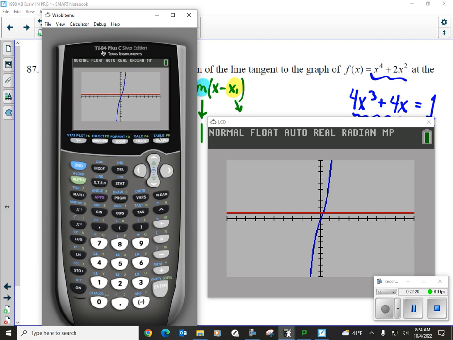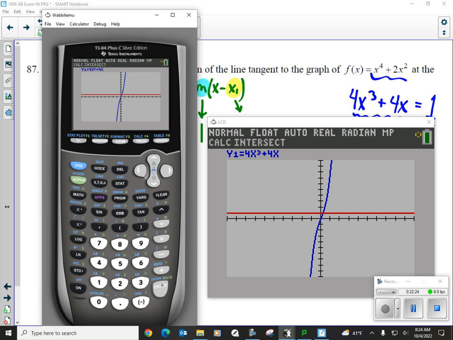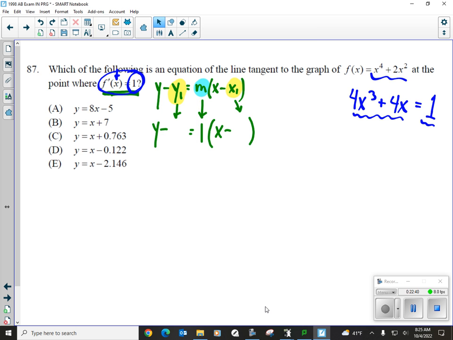Okay, second trace. I want my intersect function. Hit enter 3 times. Bang, bang, bang. And that happens, we'll call that at 0.237. Okay, 0.237. We really shouldn't round until the end. So that's at x equals 0.237.